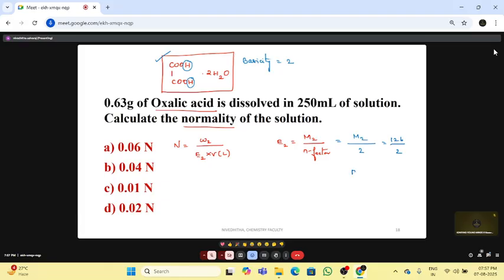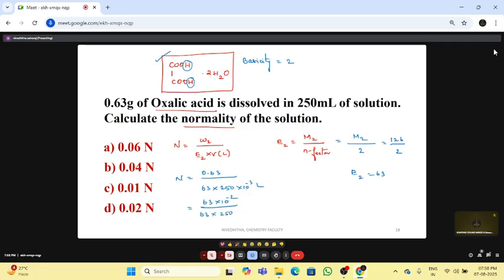So what is the equivalent weight? It is 63, right? So normality is equal to given mass 0.63 divided by equivalent weight 63 and volume of the solution is 250 into 10 power minus 3 liter. So simplify this. 0.63 can be written as 63 into 10 power minus 2 divided by 63 into 250.